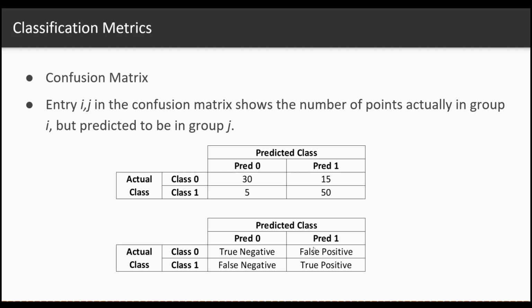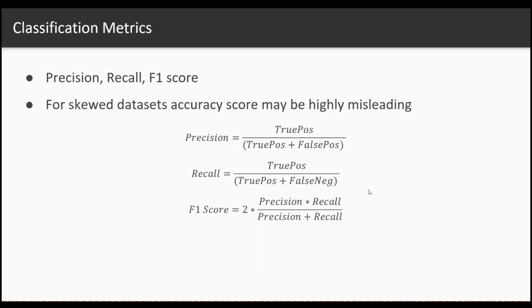It was actually negative, but the model is predicting positive. When the model is predicting negative here, but in reality it's a positive class, that's a false negative.